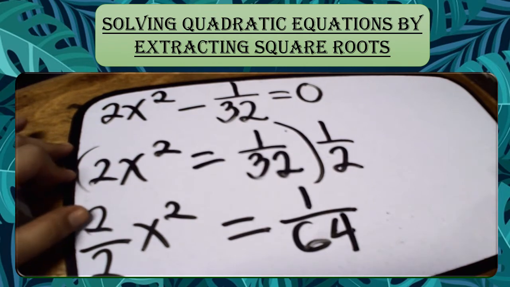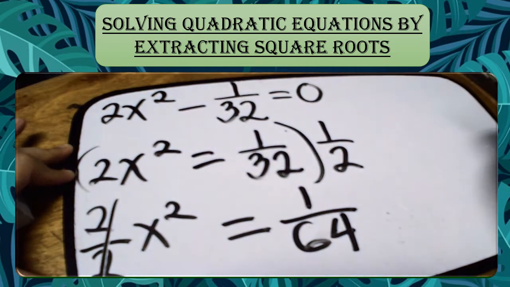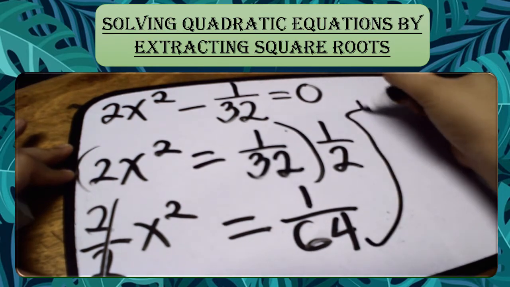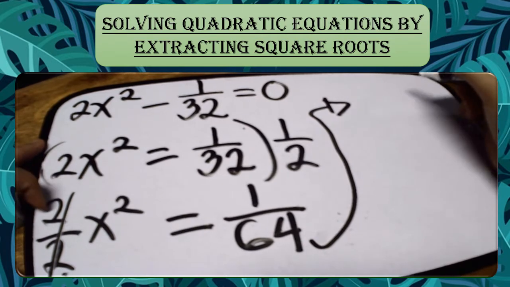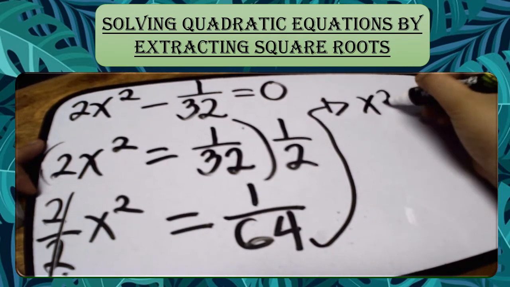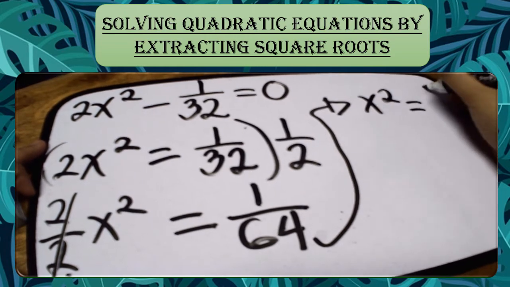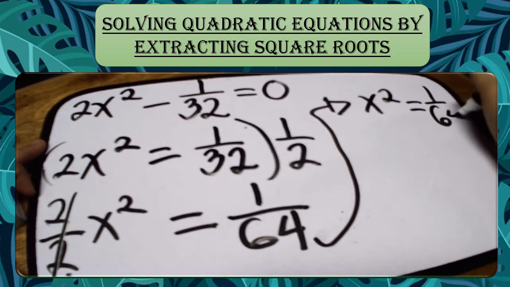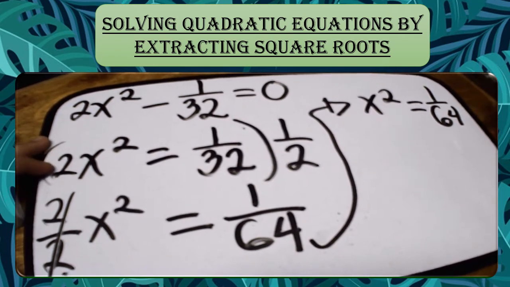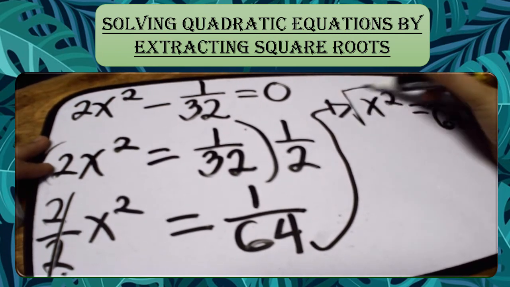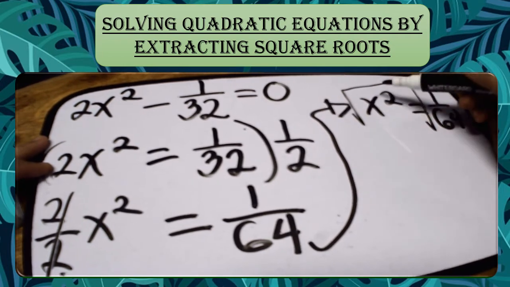Next, 2 over 2 is 1, so just copy. We have x squared is equal to 1 over 64. Next, use the square root on both sides, then cancel the square.